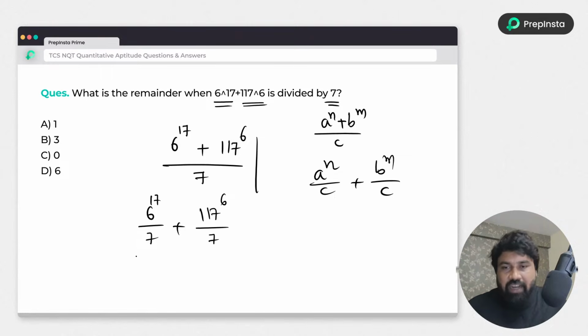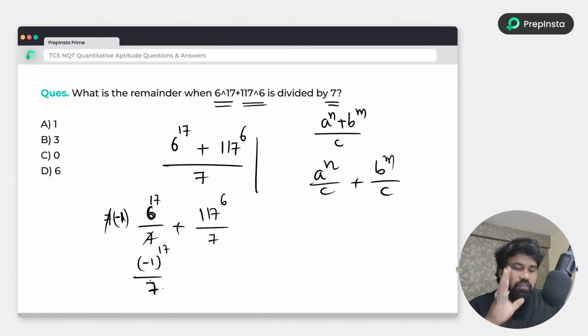So 6 can be written as minus 1 power 17 by 7. Why? Because 6 is nothing but 7 minus 1. So 7 exactly cancels this. So remainder will be minus 1. So 6 is short of minus 1 to become 7, right? This is a divisibility rule concept, guys.